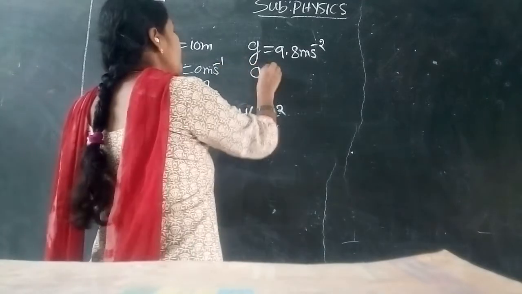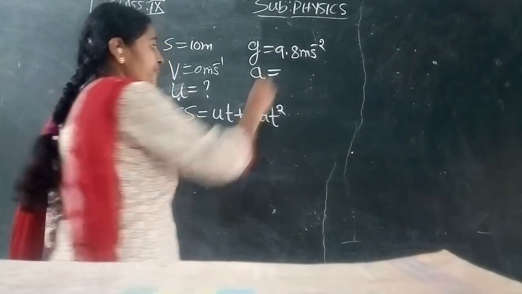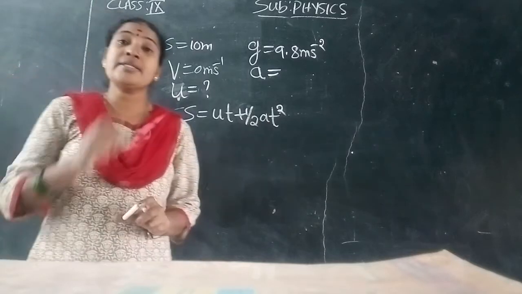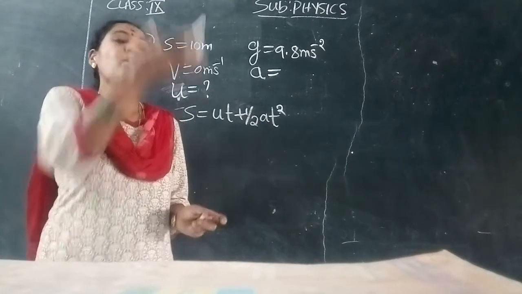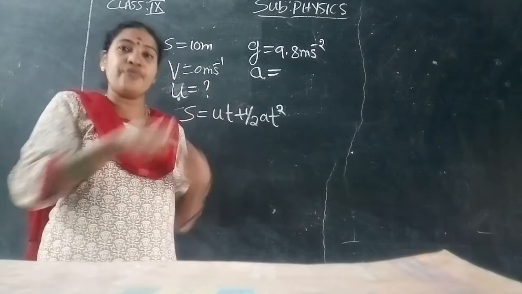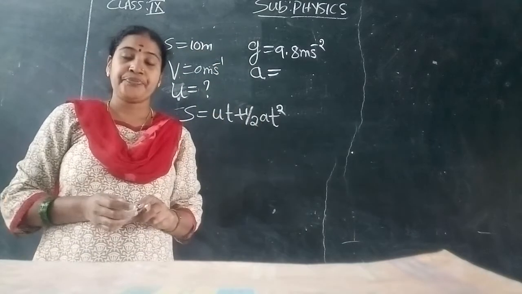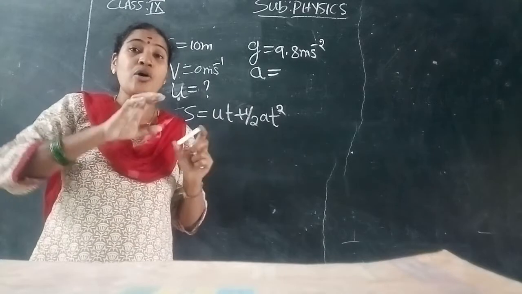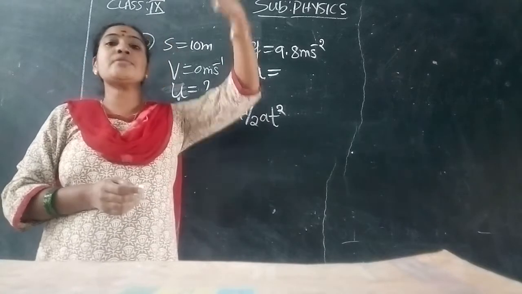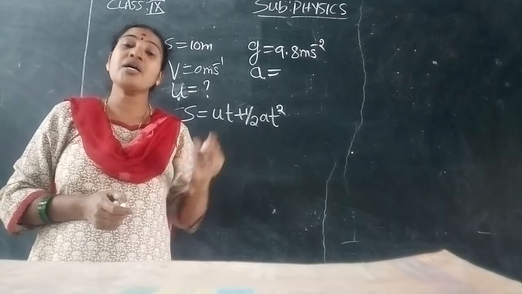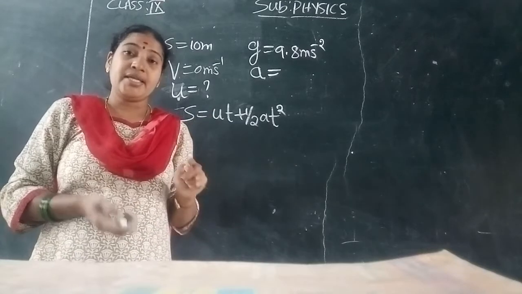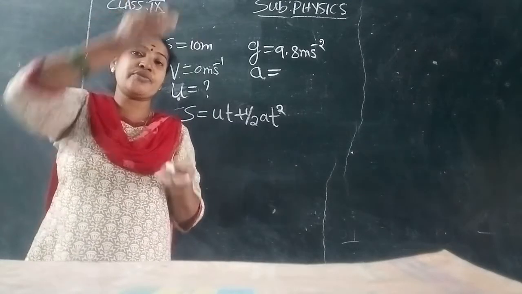Then what about the acceleration here? In the last example we considered a as plus 10 m s to the power of minus 2. Here the object we are throwing upward, in the upward direction. So the acceleration of an object is opposite to the direction of the motion.